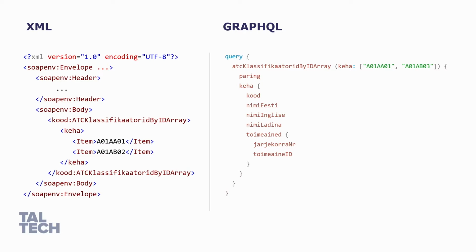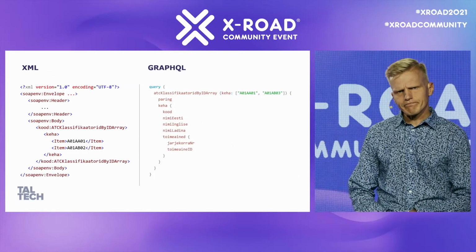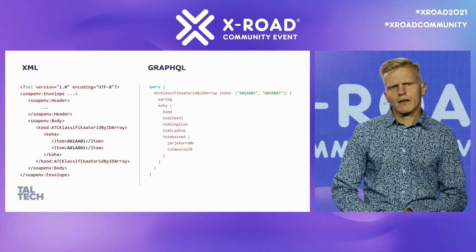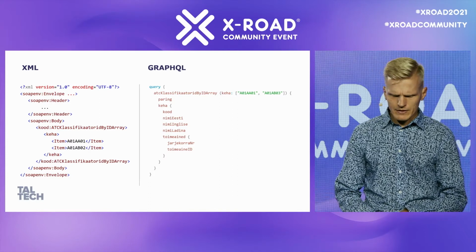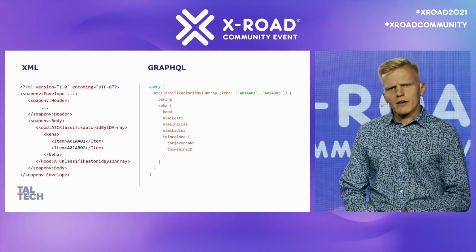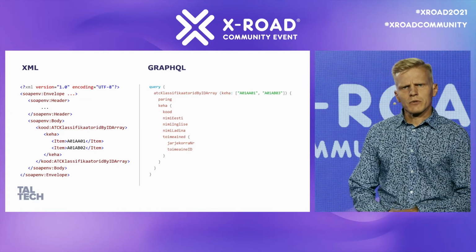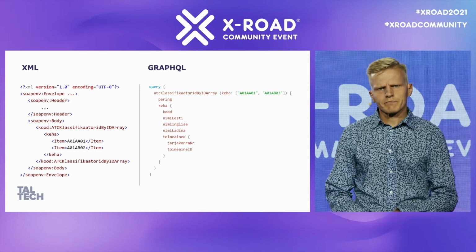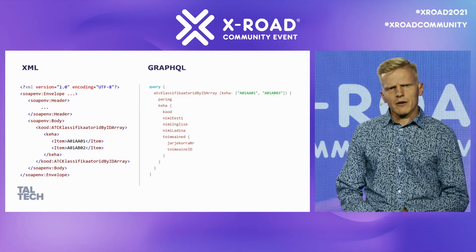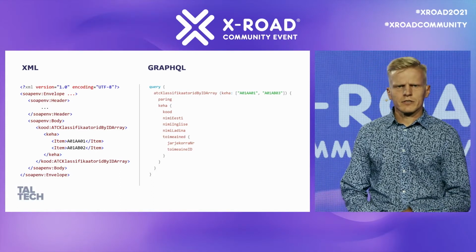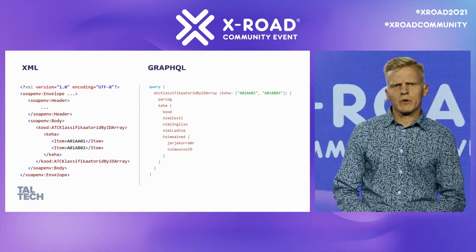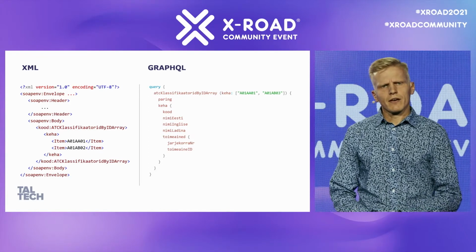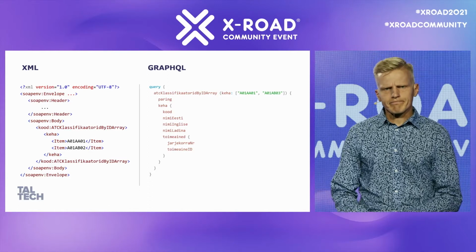The remaining lines are a list of fields that we want to see in the response. For SOAP, we don't have such information because SOAP always returns all existing fields.